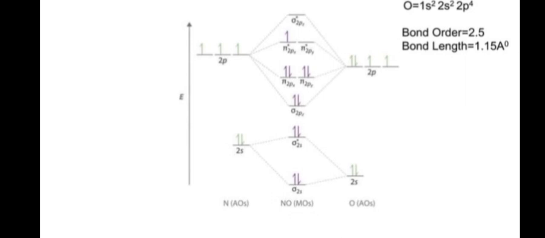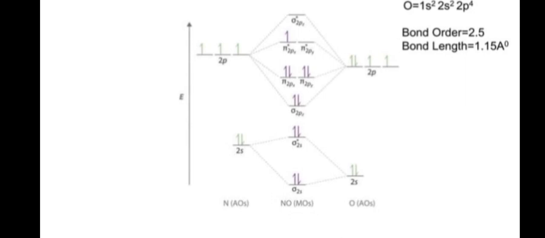While these orbitals combine, there will be formation of sigma 2pz with the lowest energy, and next pi 2px, pi 2py degenerate orbitals with the next higher energy, and next pi star 2px, pi star 2py, and the highest energy is going to be sigma star 2pz.